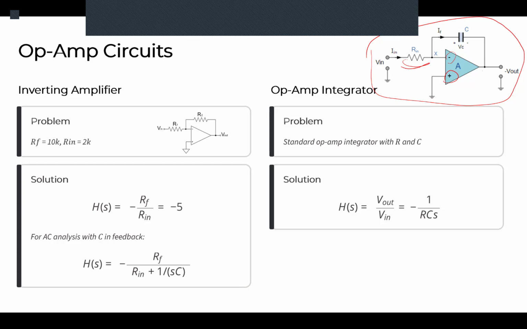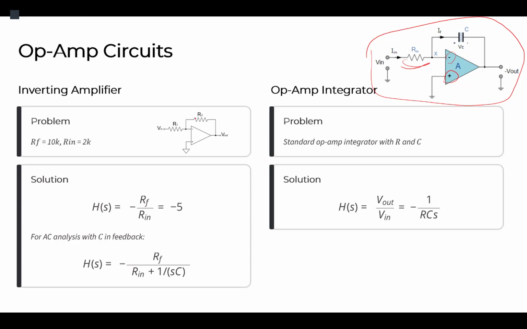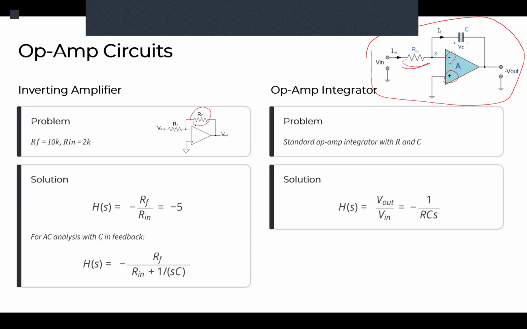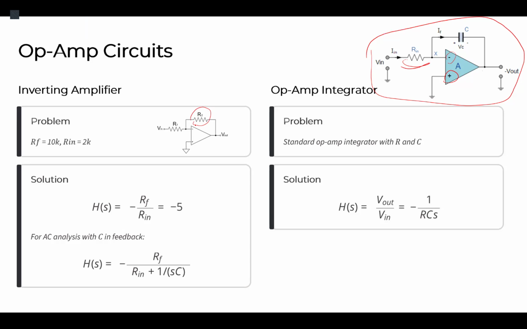Now, there are two ways to make a feedback. If you use a simple resistor, it's just a simple amplifier. If you use a capacitor, what was R series C? It was an integrator. So it became an active integrator. Very good.